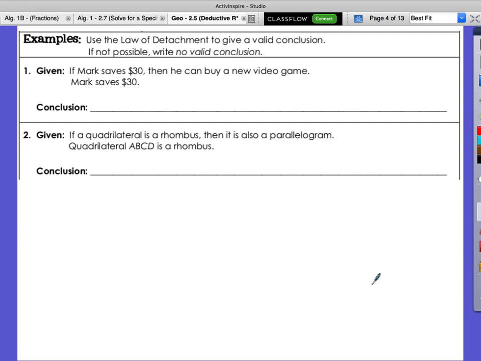If Mark saves $30, then he can buy a new video game. This is one of the lines we're given. Mark saves $30. Is that the hypothesis or conclusion? Hypothesis. That's our P. Then he can buy a new video game is the conclusion, our Q. That's one line we're given: the conditional statement, if P then Q. What else are we given?